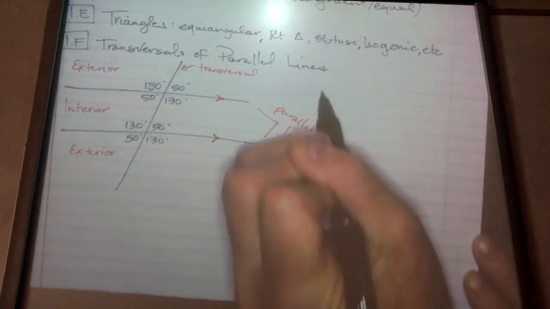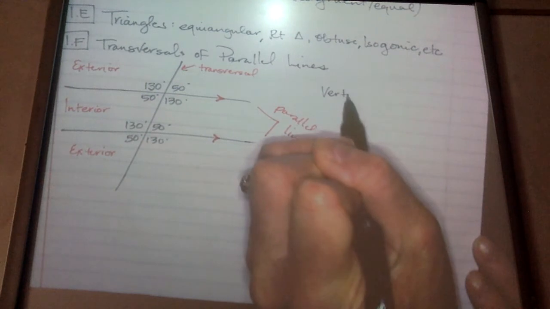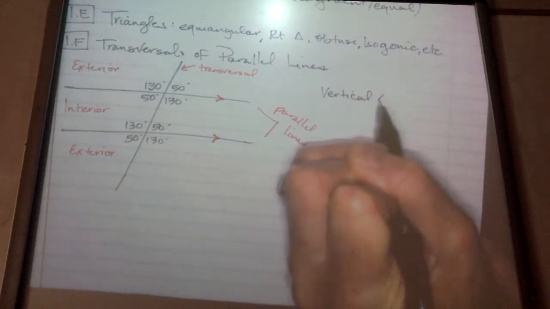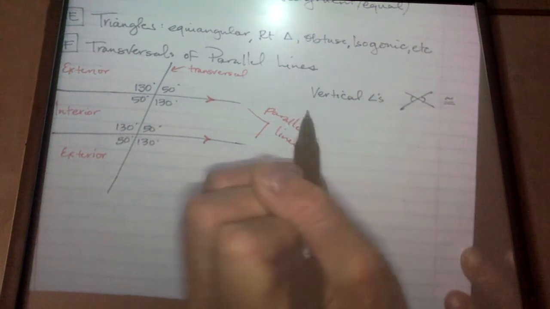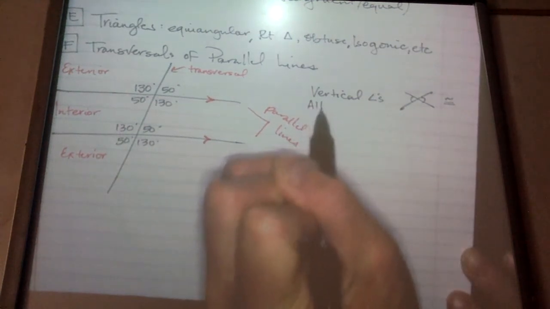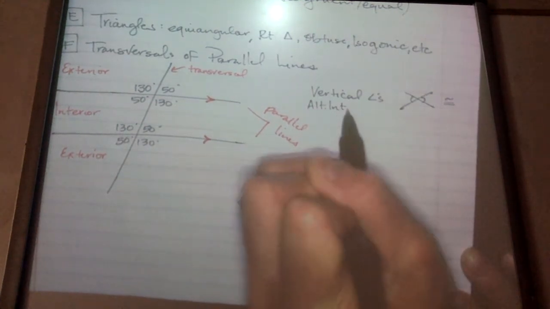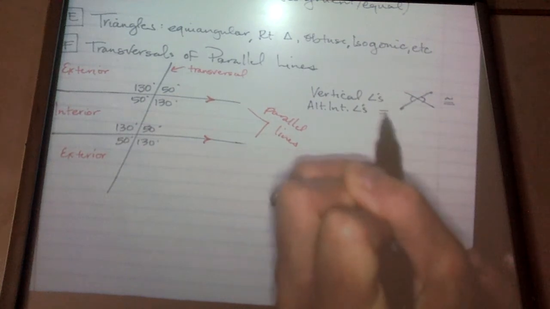Now, this section goes over all the different types of angles. I'm going to go pretty quick. There is vertical angles, and that is when I have angles that are across from each other, and they are congruent. I have alternate interior angles, and those are also congruent.